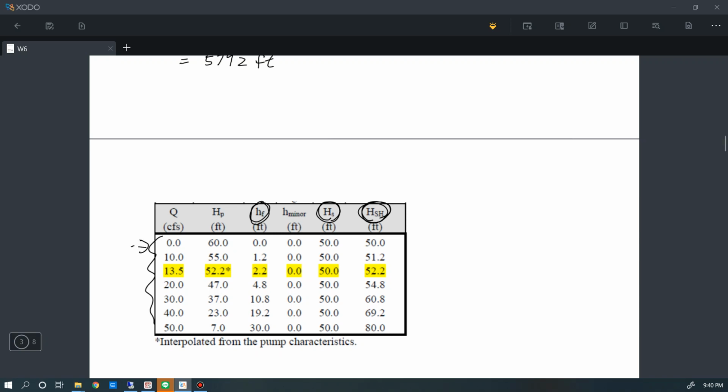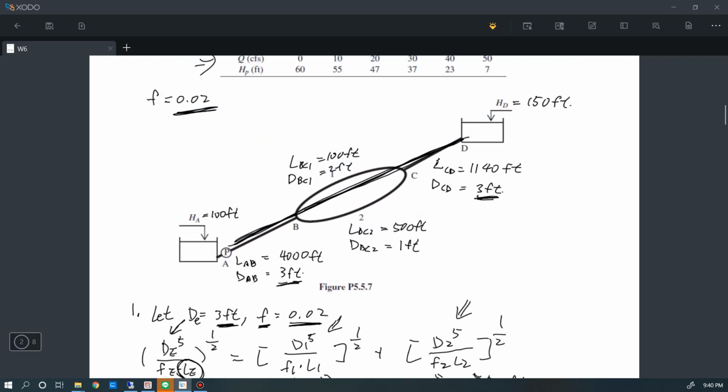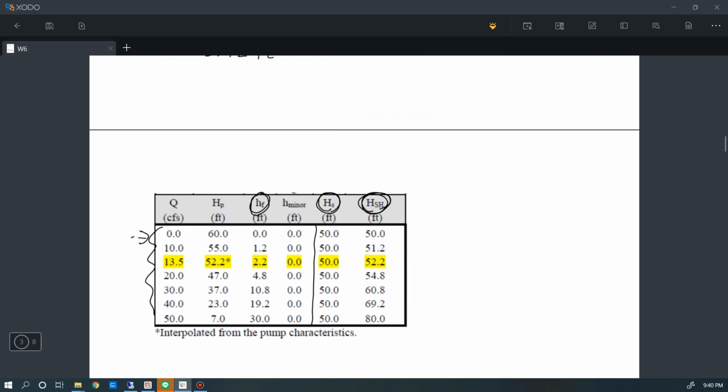HS is the elevation difference between these two reservoirs, which is 150 minus 100. So that's why the entire column is equal to 50.